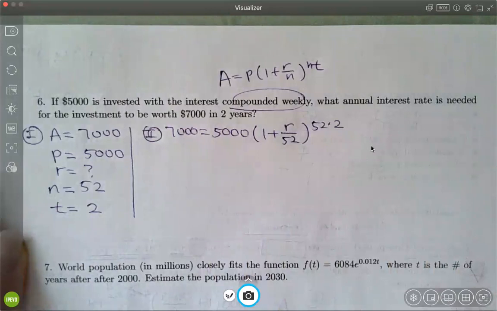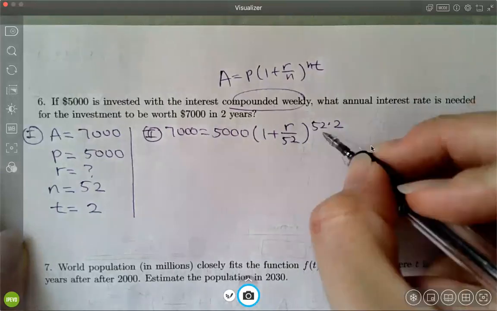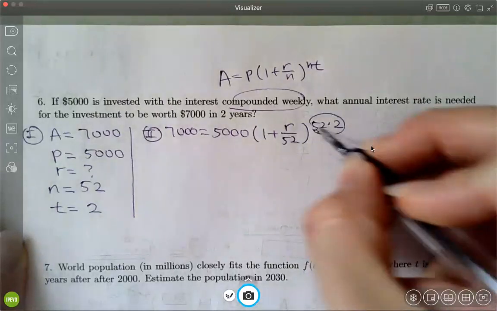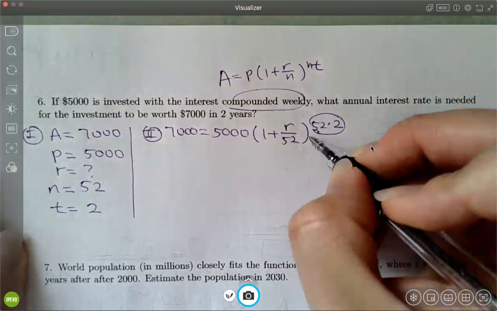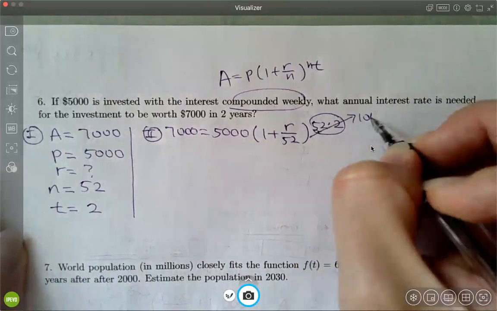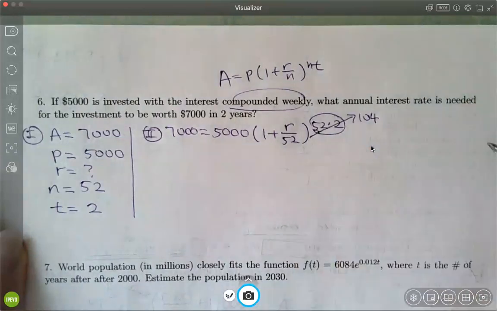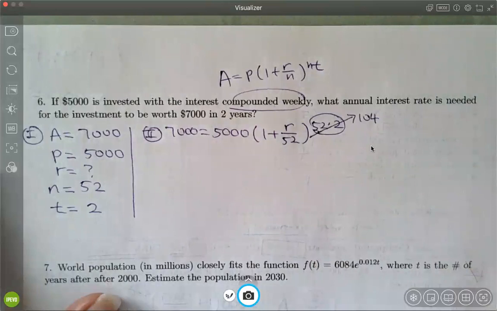Now we have to get the value of R. So what can we do here first? We'll do the same thing. Always do exponents first. So this is equal to 104, right? Now here comes the tricky part. What do we do first to get R by itself?